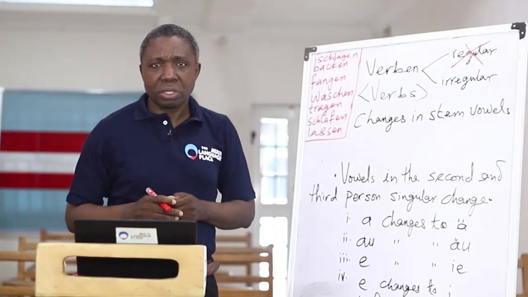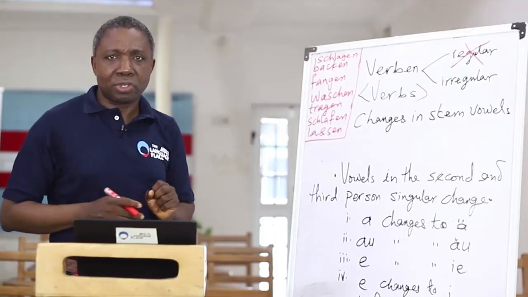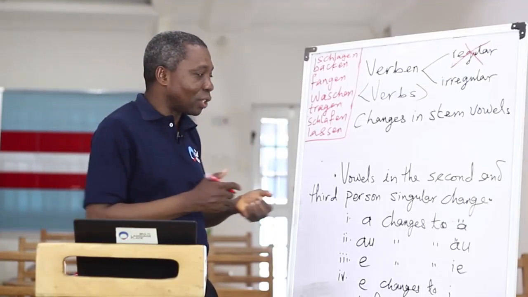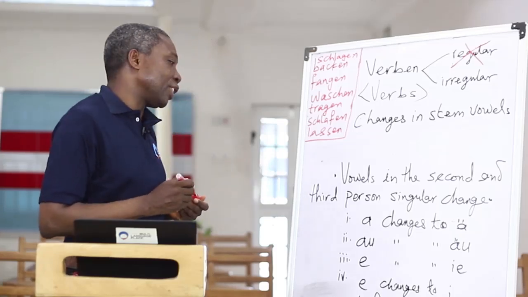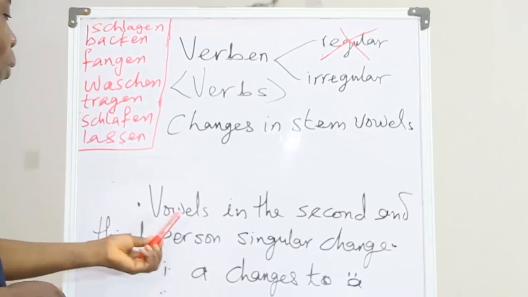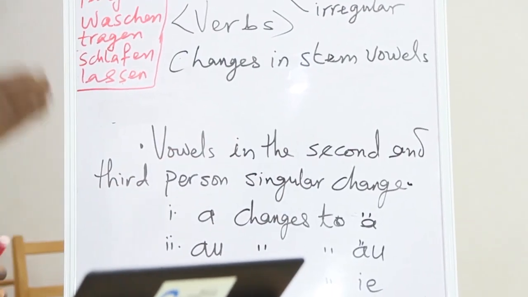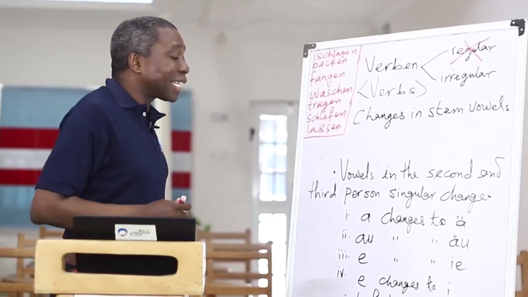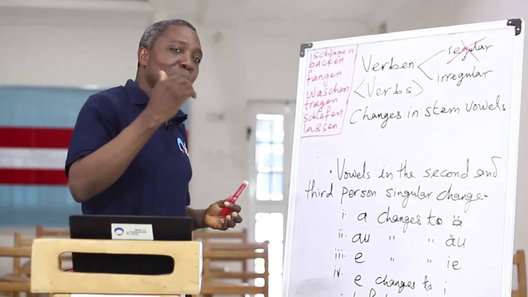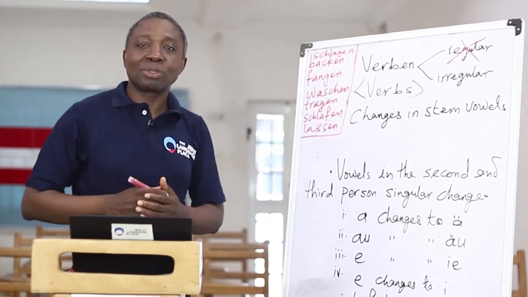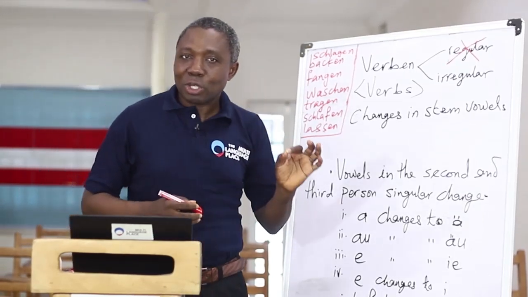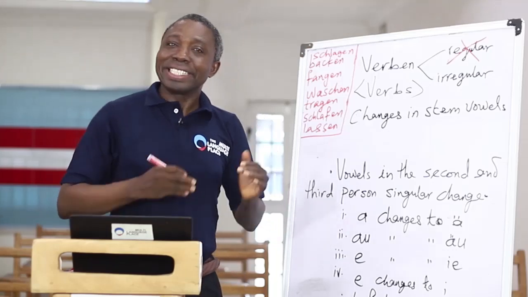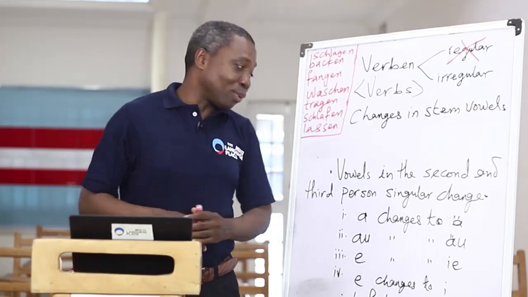These changes are actually in 4 groups. I'm going to take it one by one so that we'll be able to see how the changes occur. Now, vowels in the second and third person singular change. That means in the process of conjugating, we have the first person singular, second person singular, third person singular, first person plural, second person plural, third person plural.